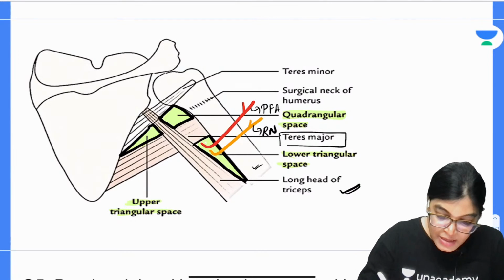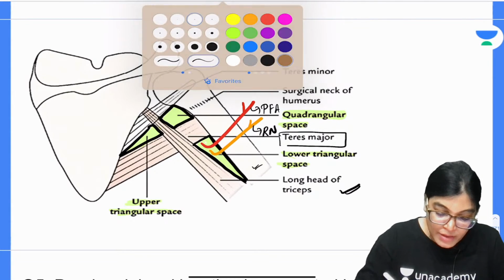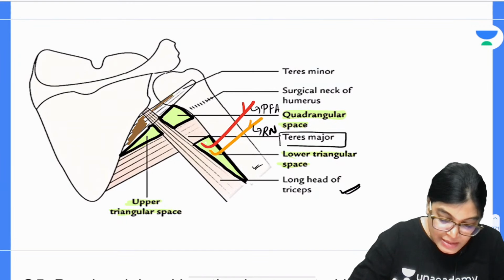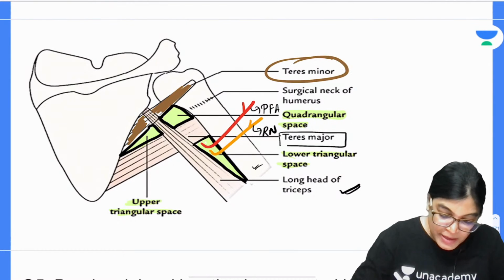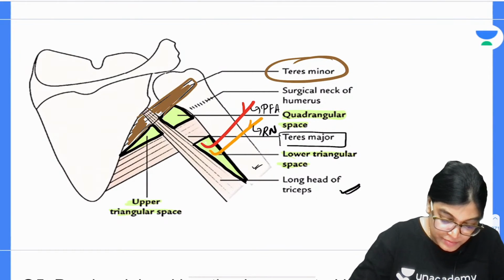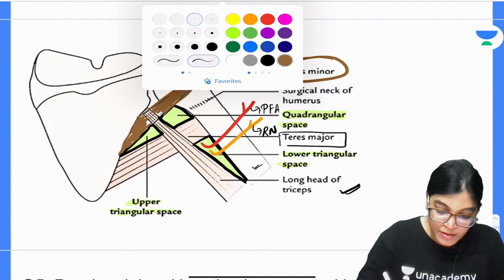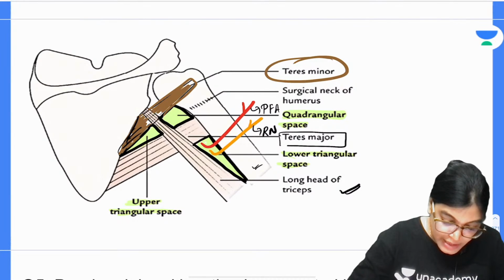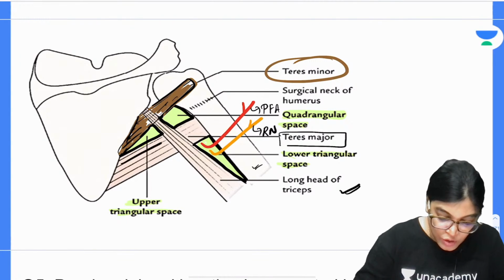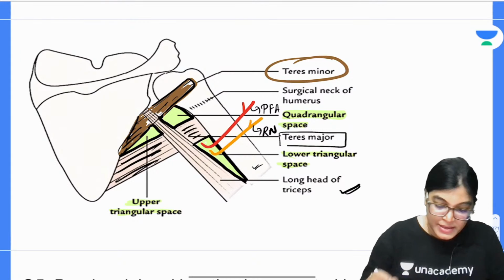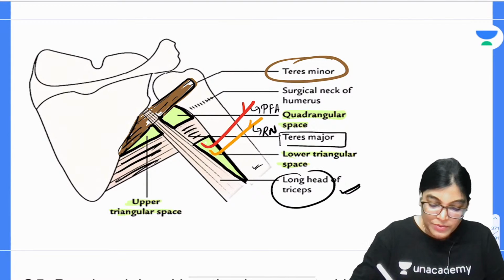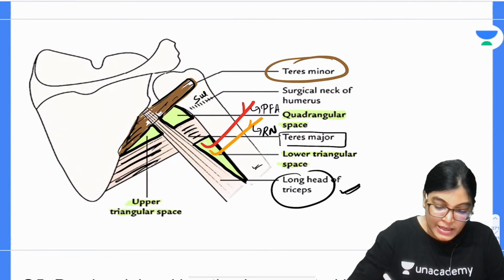The quadrangular space has teres minor superiorly, teres major lower down, the long head of triceps medially, and the surgical neck of the humerus laterally.